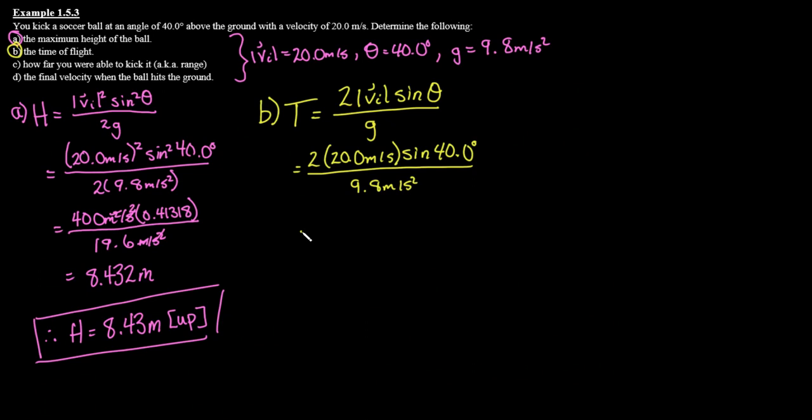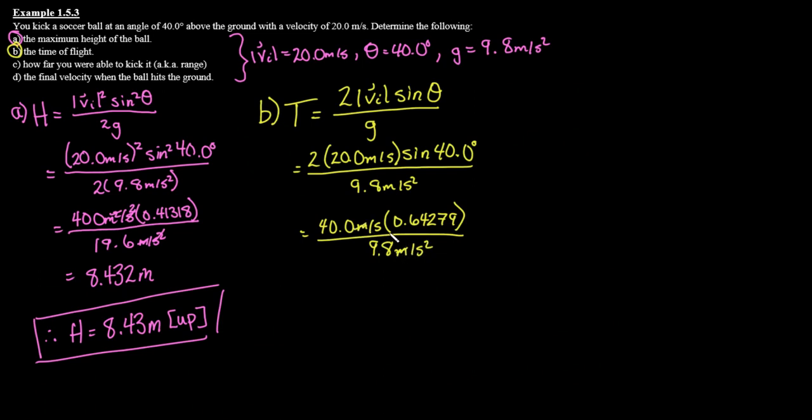So I get 40 meters per second multiplied by sine 40 comes out to 0.64279, divided by your 9.8 meters per second squared.